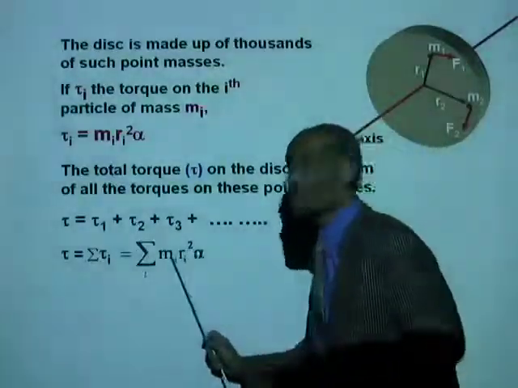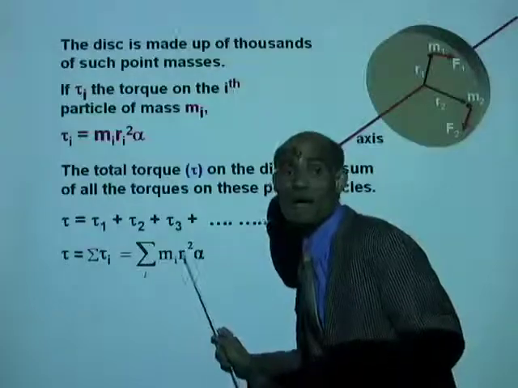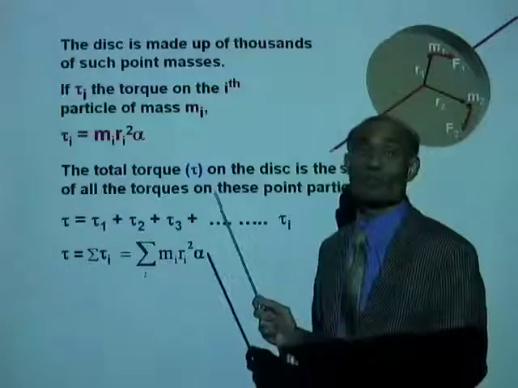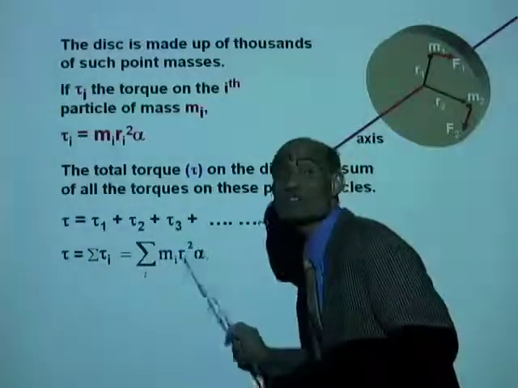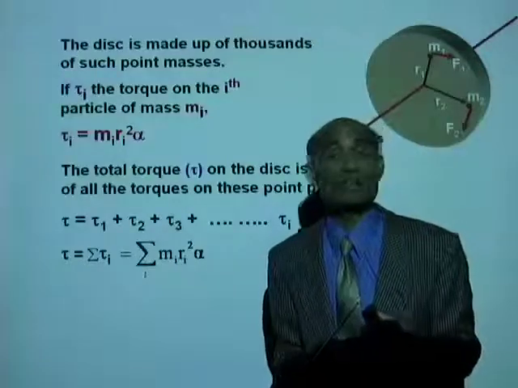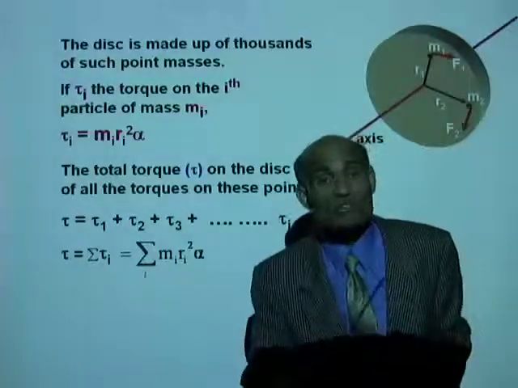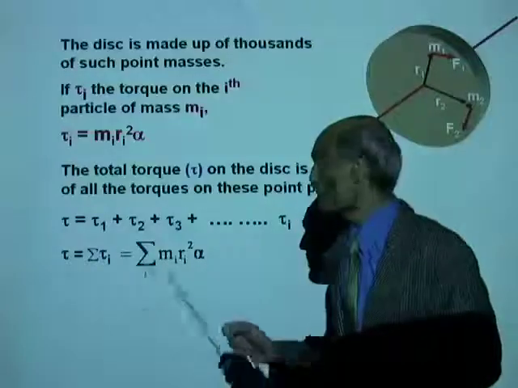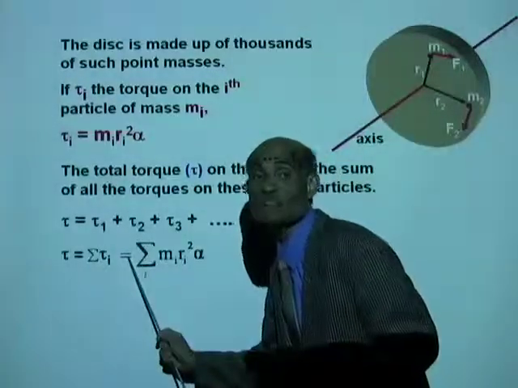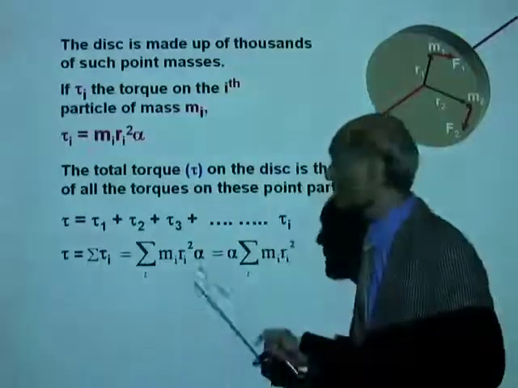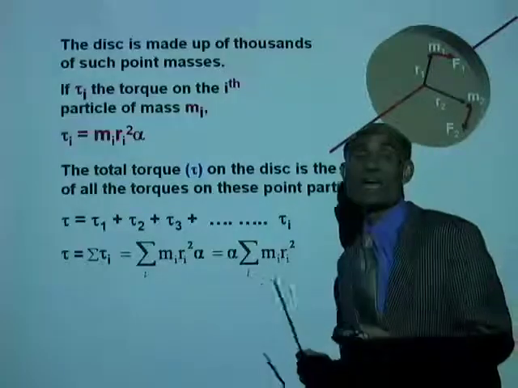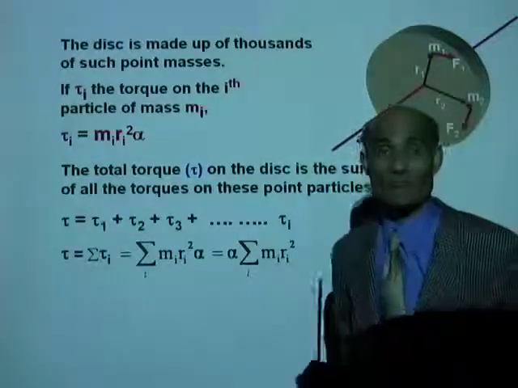Now, you know that m and r are different for different particles, but alpha is the same for all particles. The angular acceleration will not be different. Therefore, I can take this alpha and keep it outside the summation. So I can write it as alpha times summation i mi ri squared.